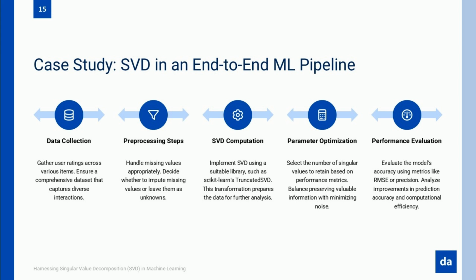In Python, implementing SVD for this application might look like: from sklearn.decomposition import TruncatedSVD, from sklearn.pipeline import Pipeline. Create a pipeline with SVD and a downstream model: svd = TruncatedSVD(n_components=100), pipeline = Pipeline([svd, regression_model]). Train the pipeline on available ratings: pipeline.fit(sparse_ratings_matrix).